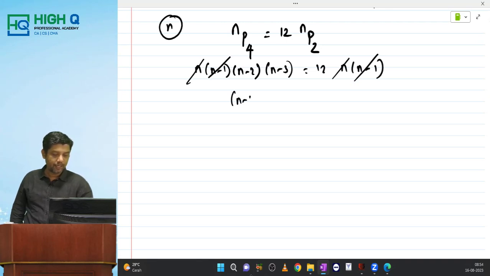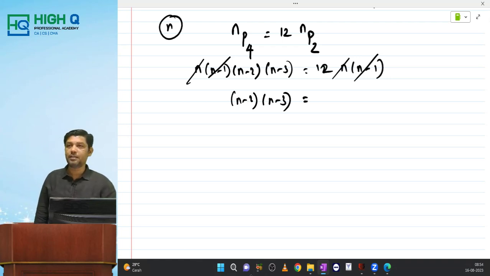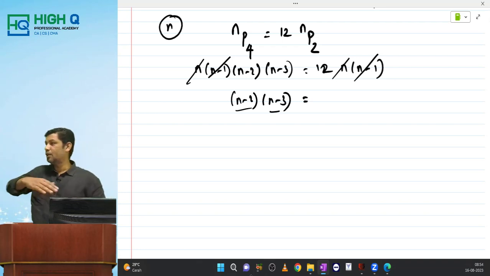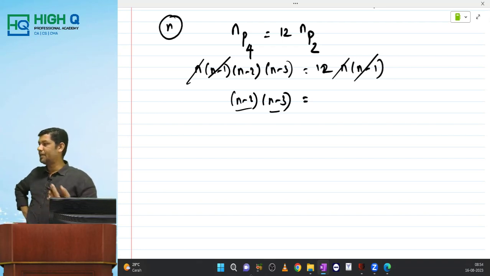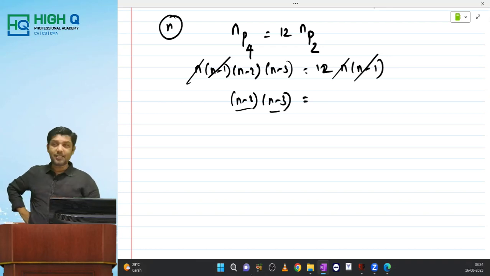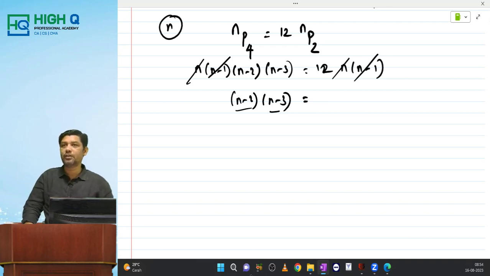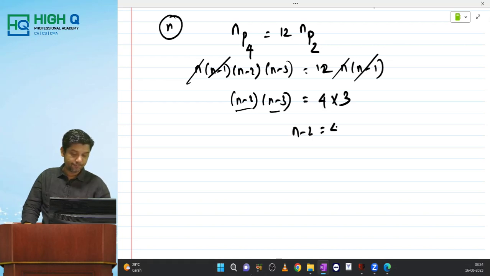So (n minus 2) into (n minus 3) equals 12. The left hand side is the product of 2 consecutive numbers in descending order, n minus 2 bigger and n minus 3 smaller. So the right hand side also should be a product of 2 consecutive numbers. 12 is 4 into 3. Now compare. What is n minus 2 equal to? What is n equal to?